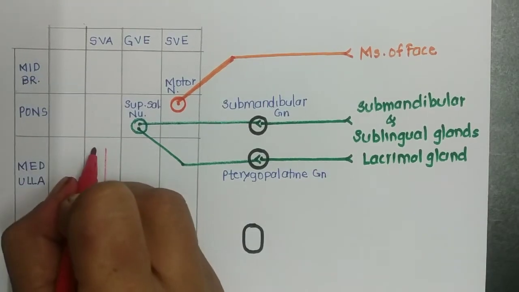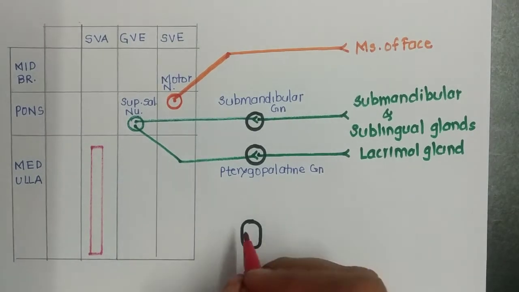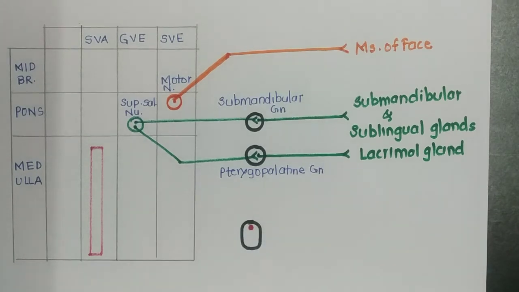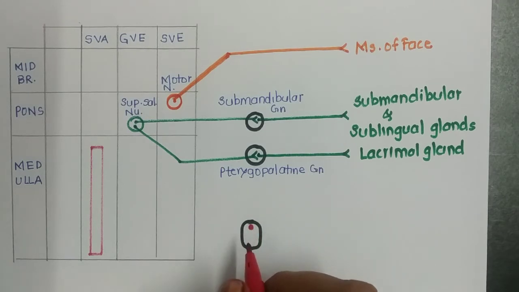So this is nucleus of Tractus solitarius, and we have already mentioned that cell bodies are located in the geniculate ganglion.